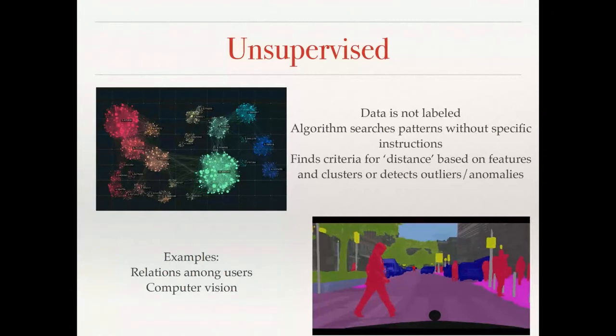There are many, many unsupervised algorithms, but typically what they all do is to try to find a criteria for distance among the data points based on the features. And based on this distance, and this is quite broad as a definition, they try to find clusters of behavior. And having found a cluster of behavior, it is also able to detect things that are outside this cluster. In other words, it is able to detect outliers or anomalies.